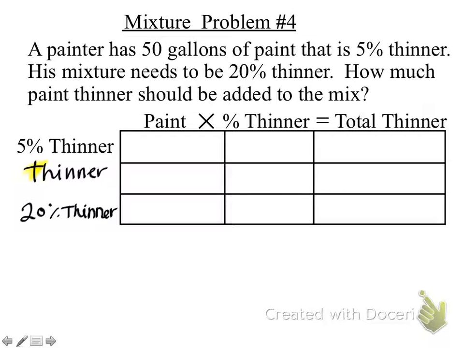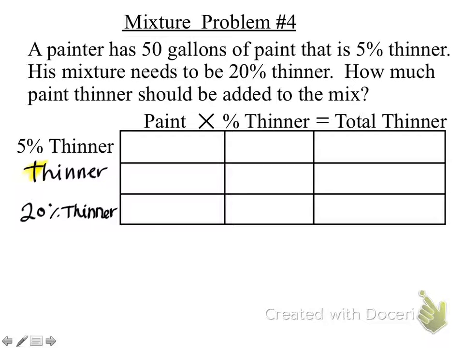I'm mixing it with pure paint thinner to water down the paint so I can have more quantity, because paint thinner is cheaper than paint. So I'm mixing my 50 gallons with some paint thinner so that it's 20% paint thinner and the rest paint. It's going to increase my 50 gallons. Does that make sense?